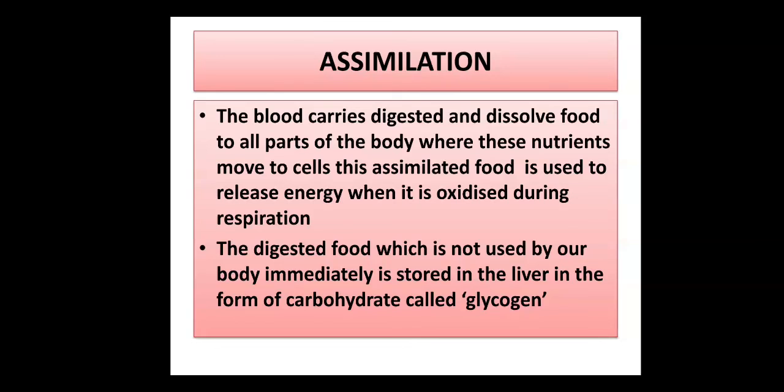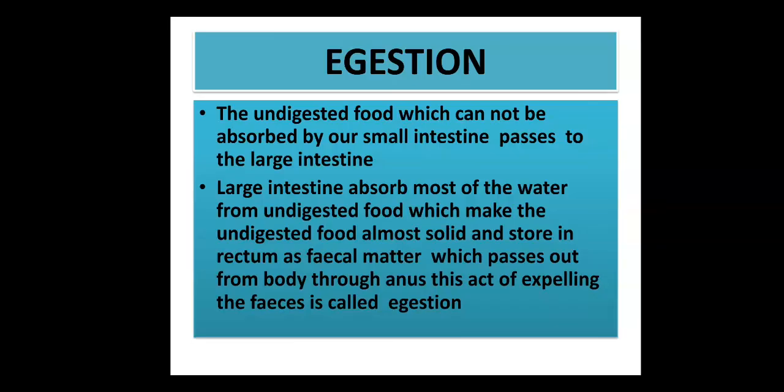Egestion. Now what is egestion? See it here. The undigested food which cannot be absorbed by our small intestine passes to the large intestine. The undigested food material which is not at all absorbed by our intestine, where will it go? It will go to the large intestine, because the digestion is complete only up to the small intestine.